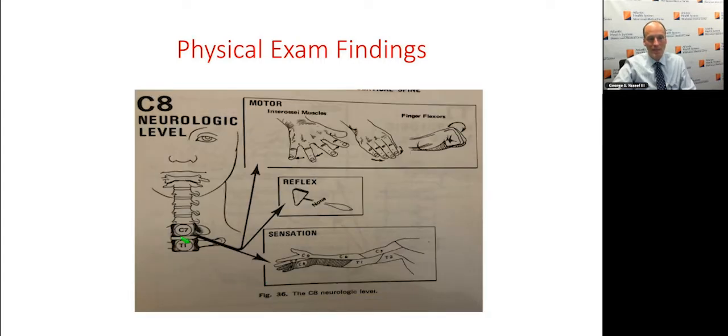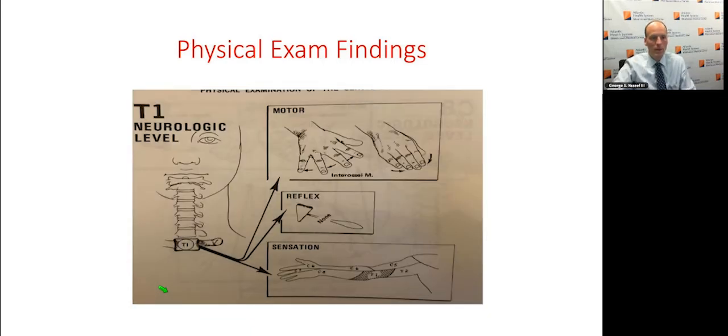C8, which comes out at C7-T1, if we remember that from earlier in the talk, is the finger abductors and adductors. There is no reflex for C8, and the sensory distribution is the ring and small finger and along the ulnar side of the forearm. T1, which makes up the lower portion of the brachial plexus, is also finger abduction and adduction.